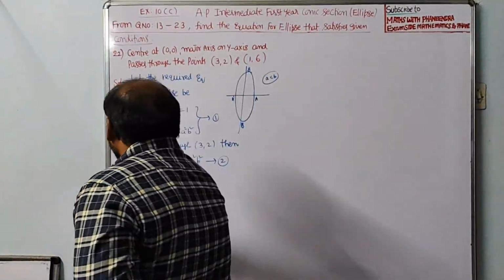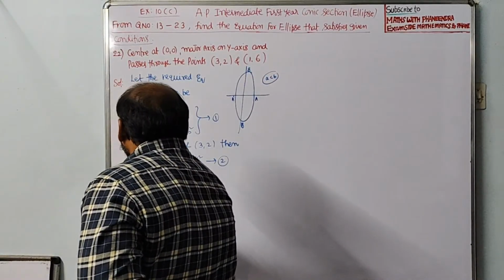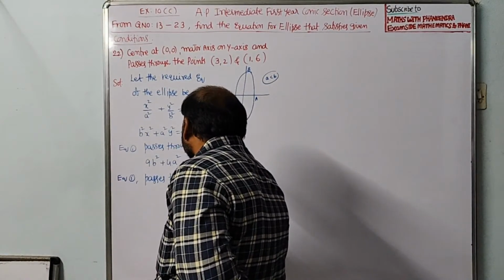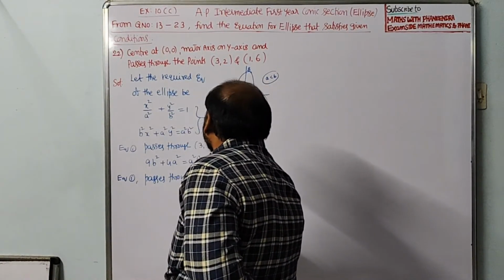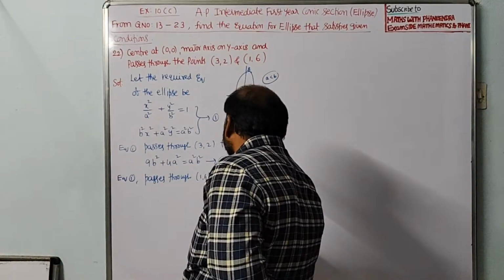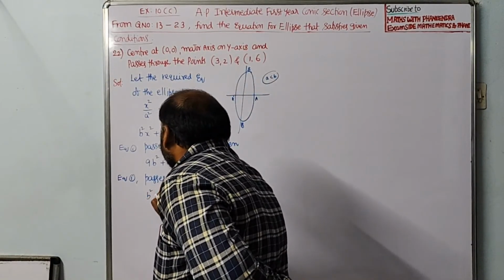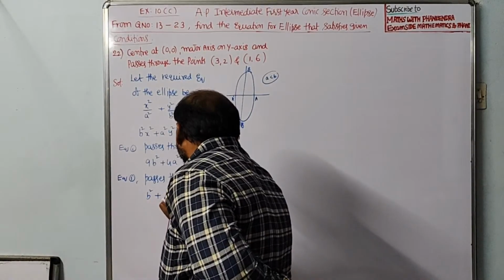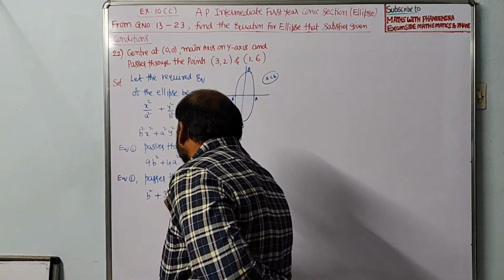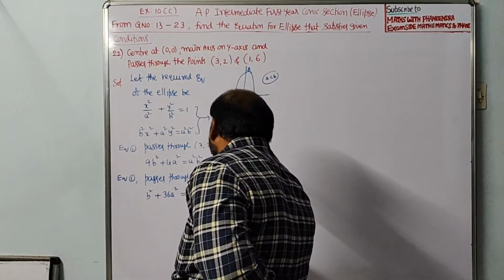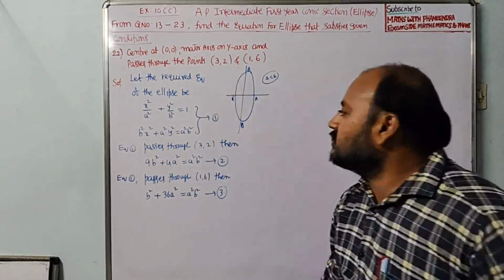Next, equation 1 passes through 1, 6. Then x is equal to 1, substitute, b square plus y is equal to 6, 36a square is equal to a square b square. Keep that equation number 3.